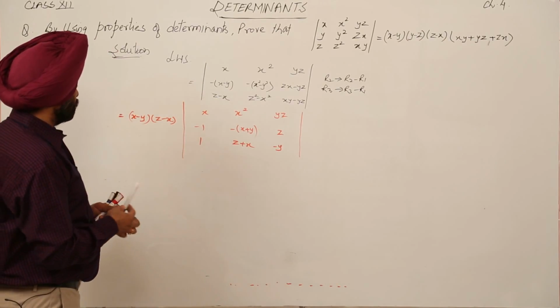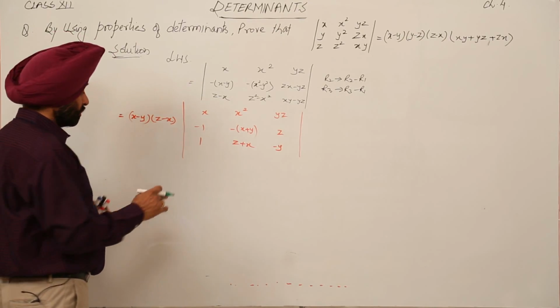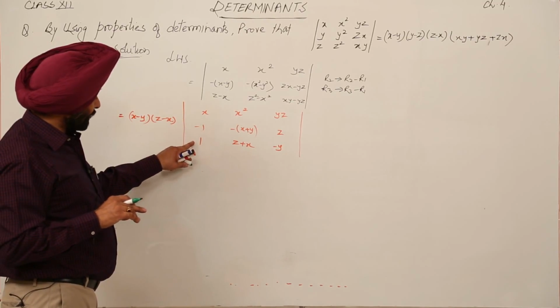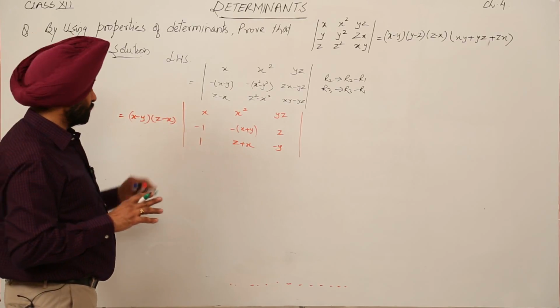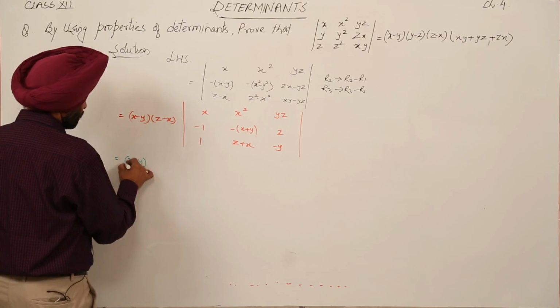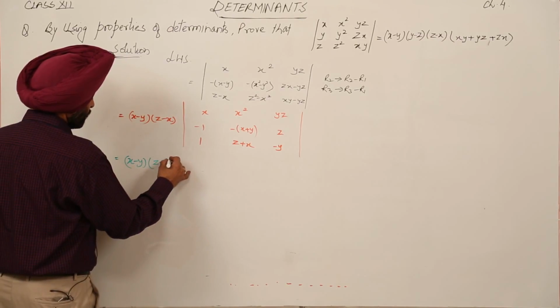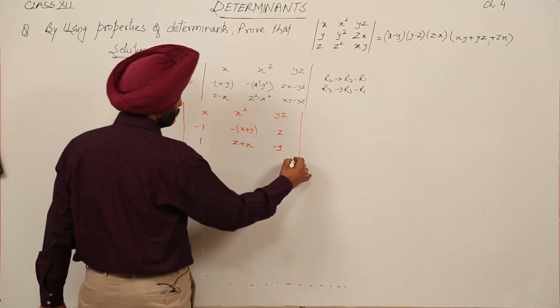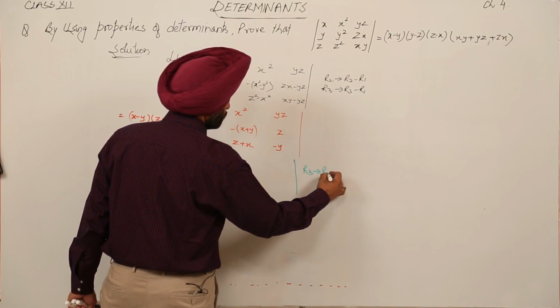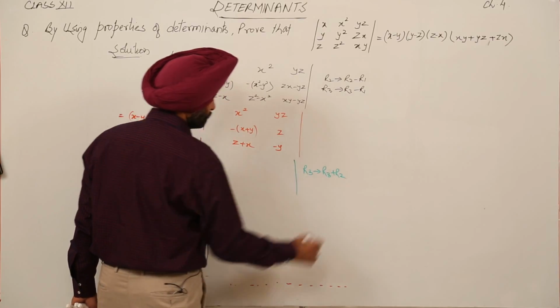Okay, now the next operation. Now I can easily make, by adding R3 and R2, one term 0. Okay, so we are having now x minus y, z minus x with R3 approaches to R3 plus R2.